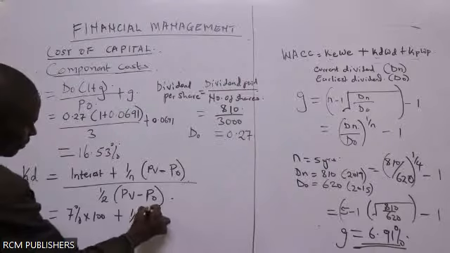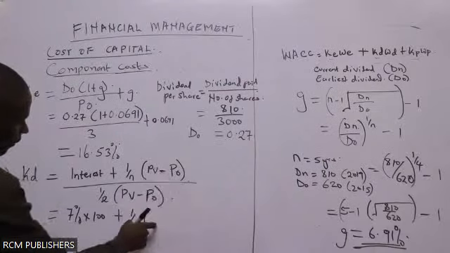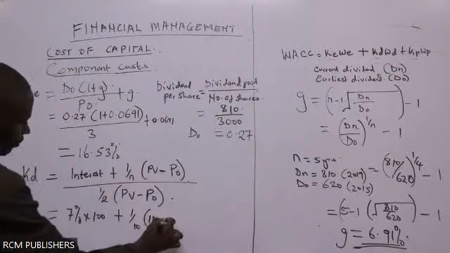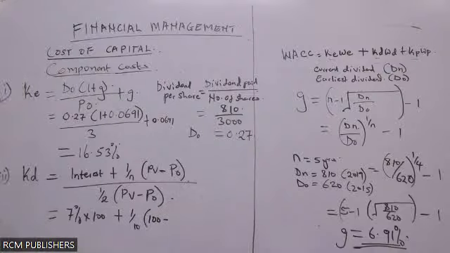Then remember, you have to multiply by the difference. My par value is 100. And then my market value, how much were we given?